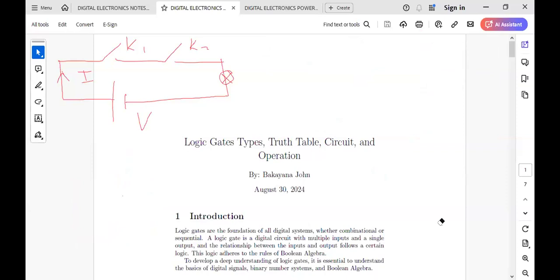So these are switches connected in series, and we've realized that current can only flow if both are closed. So the symbol for this kind of gate is that, where this is our K1 and that can be our K2. And then the output is K1 and K2. Is that okay?